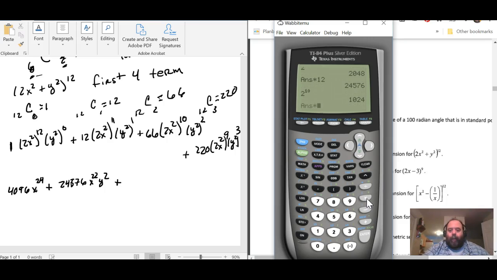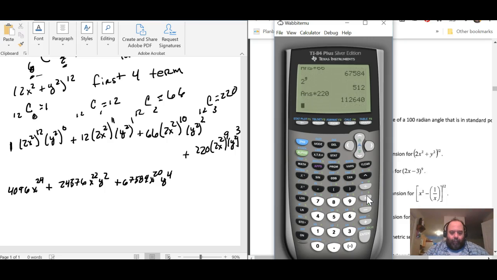plus, all right, so I need 2 to the 10th, 1024, and then we're going to multiply that by 66. So that's going to give me 67,584 x to the 20th, y to the 4th, and then we need 2 to the 9th. It's 512, and then we're going to multiply that by 220. It's going to give me a big number.